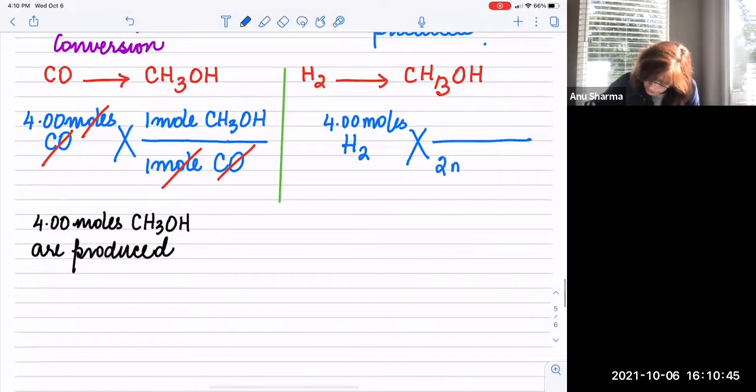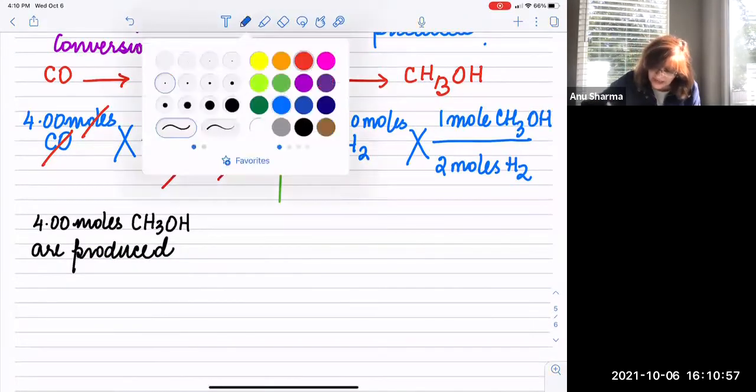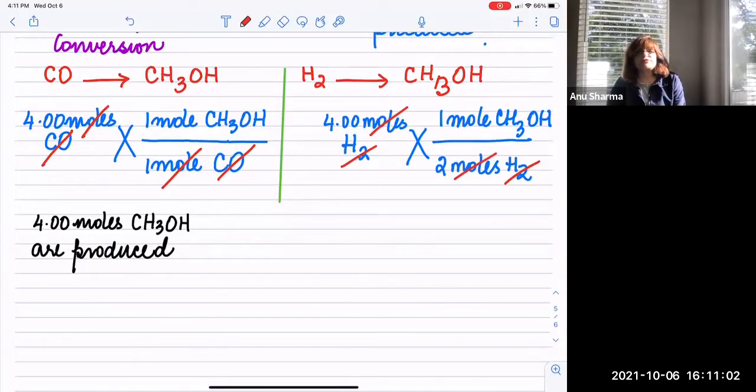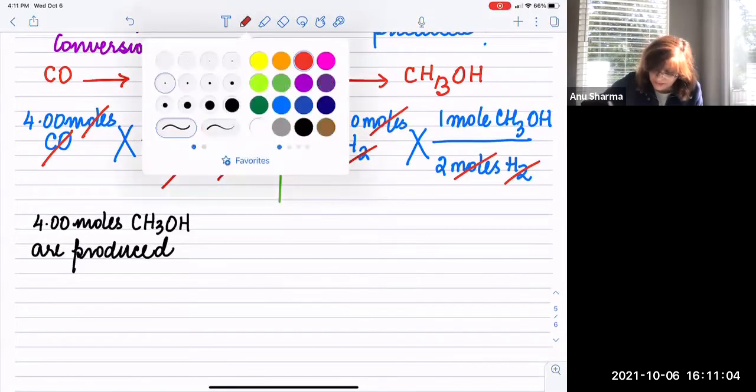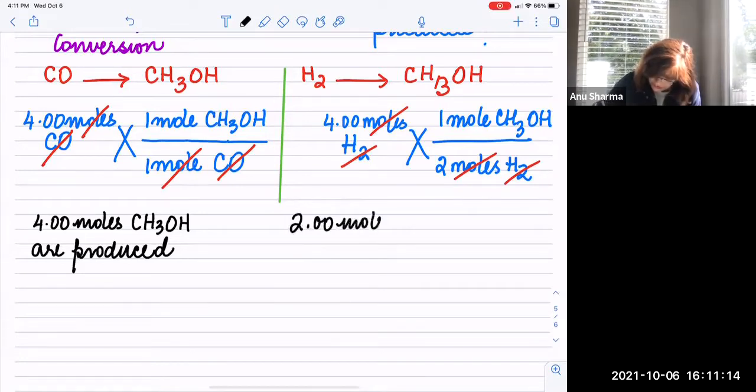So 2 moles of hydrogen reacting to give you 1 mole of CH3OH. So we see here that the moles of hydrogen and moles of hydrogen cancel out, and you're just left with the moles of methanol. So we have 4 moles times 1 divided by 2, so you're producing 2.00 moles of methanol, CH3OH.